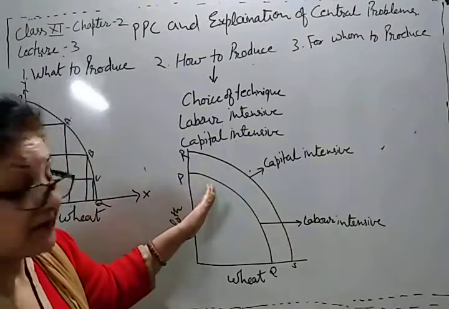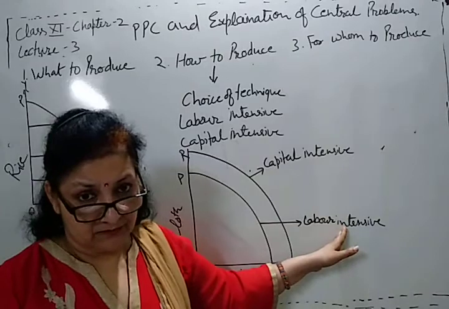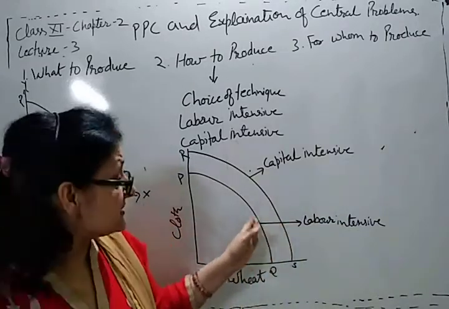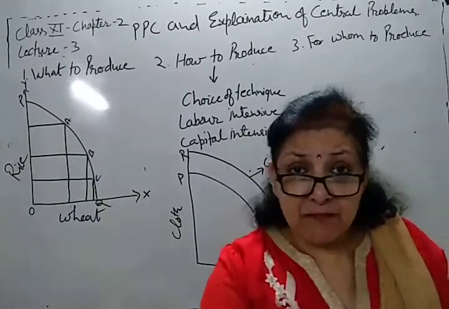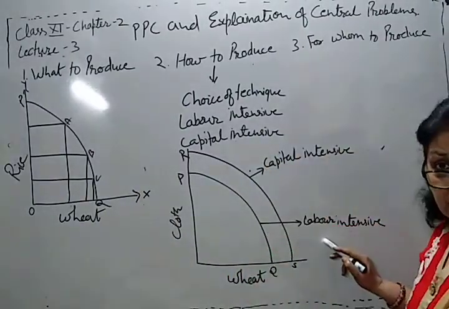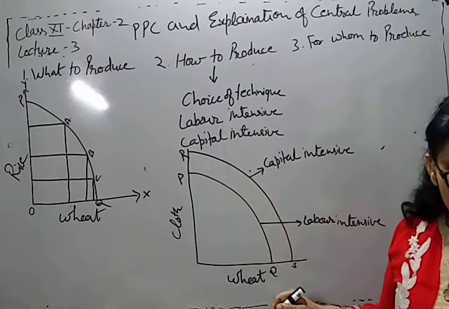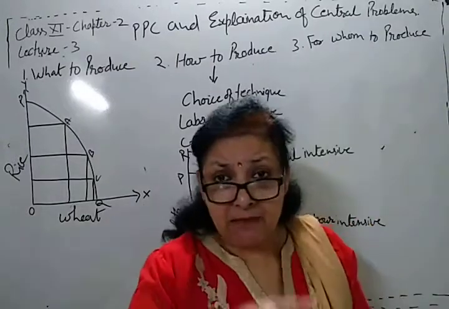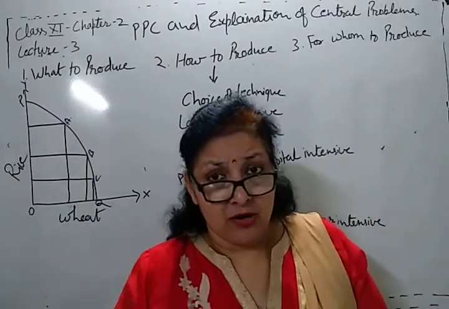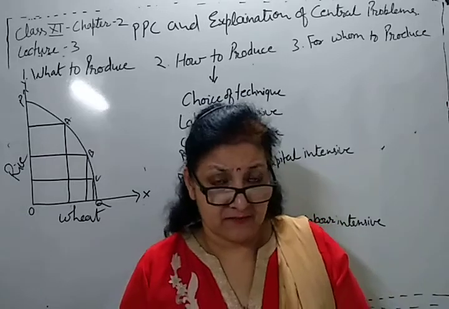As you can see, when we use labor intensive technology, as it is labor intensive, it reduces the problem of unemployment. It promotes social equality as everybody takes part in the process of growth of the economy, growth of GDP, growth of national income.